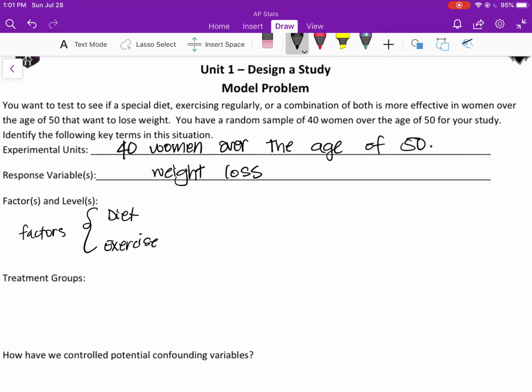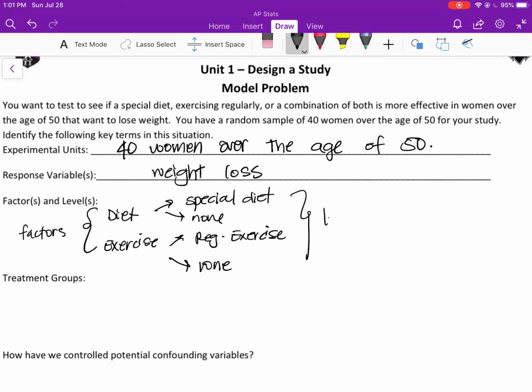So these are two treatments, okay? And then for the diet, the levels are that they're either going to be on a special diet or none. And for the exercise, it's going to be regular exercise or none. Okay, so these are the levels.